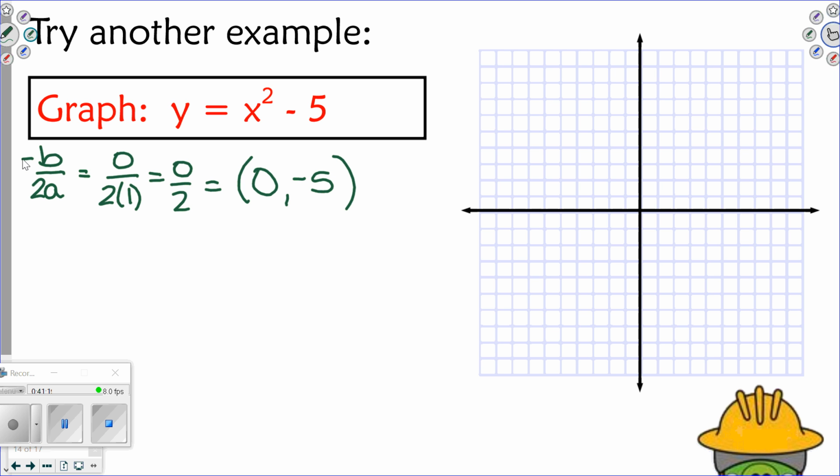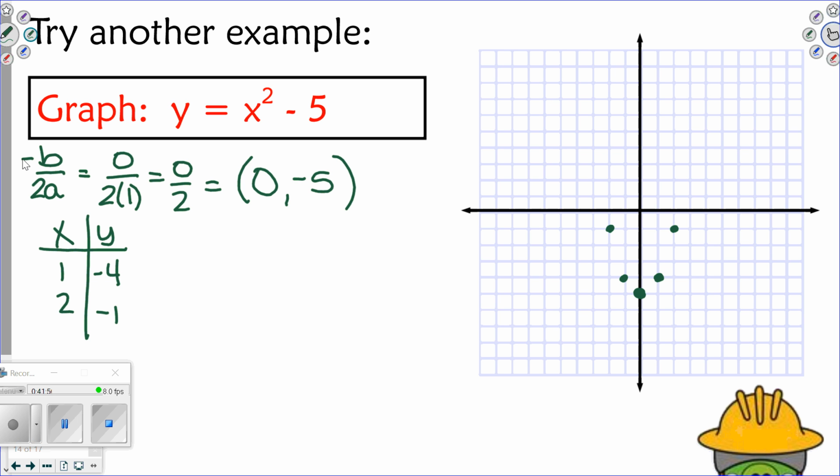So 0, -5. All right, so if you're making your XY table, I'm going to plug in a 1 and a 2. So if you plug in a 1, it's -4. And if you plug in a 2, it is -1. So 1, -4, and reflect. 2, -1, and reflect.